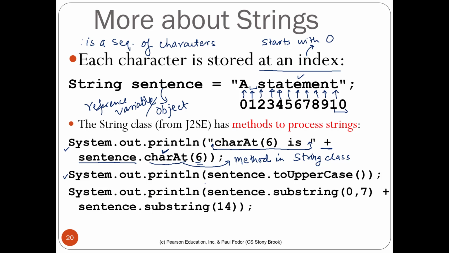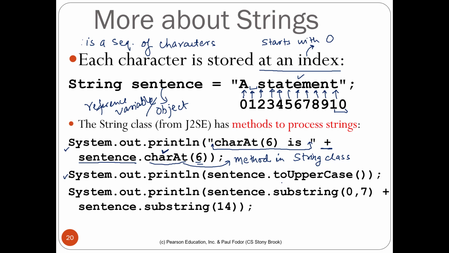System.out.println will have the same impact, but what are we doing here? You are using sentence, which is the reference variable, and you're calling a method which is toUpperCase. Just pay attention to the way we are writing toUpperCase. The rest of the things are self-explanatory. If you invoke toUpperCase, whatever you have in that string would be changed to uppercase temporarily.